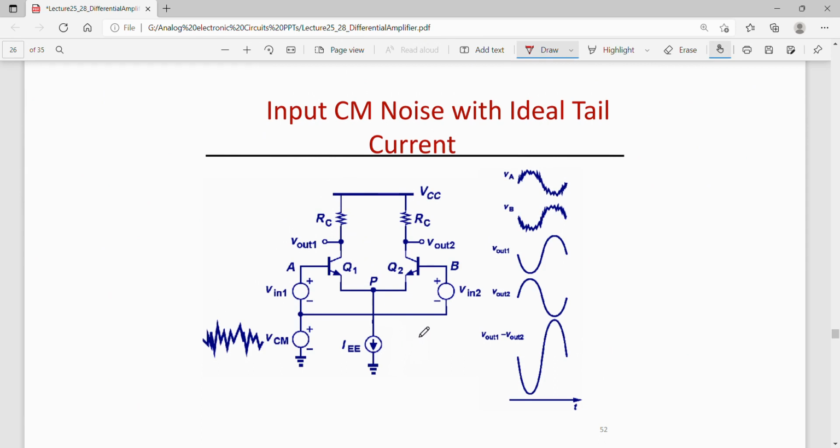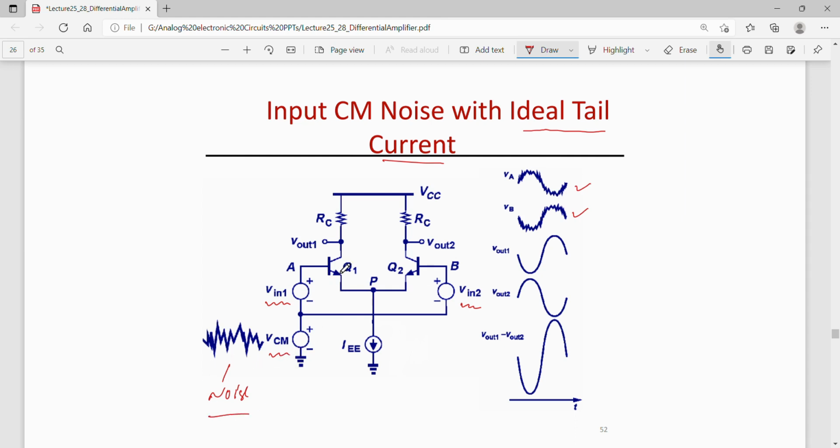Now let us compare this with the case where my tail current is ideal. And let us say that the input is differential, V in 1 and V in 2, and to these two inputs a common mode signal is applied, that is, let us say this is some noise which is common to both inputs A and B, or inputs V in 1 and V in 2. So that means the inputs at A and B are both corrupted by this noise.